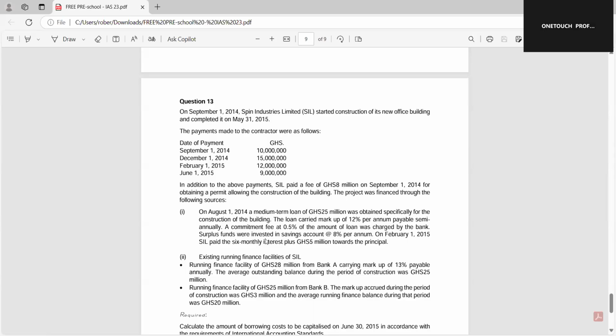Let me pick my calculator to check something. I want to check an alternative, if it will work. 3 million.